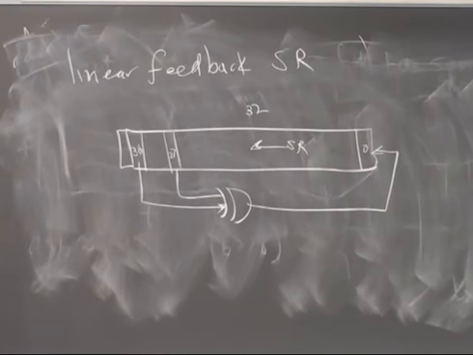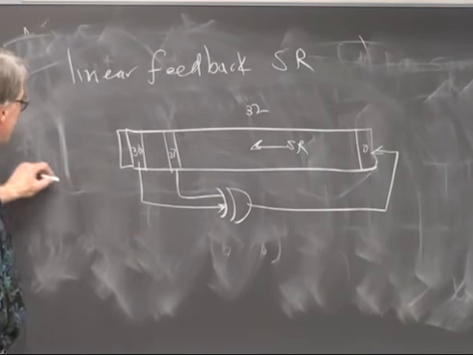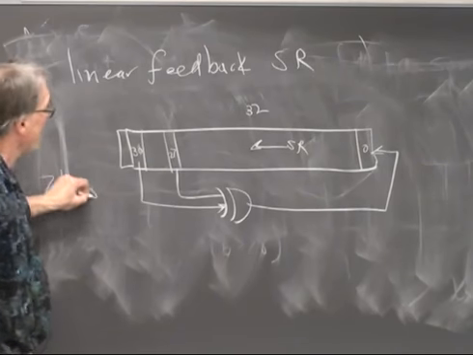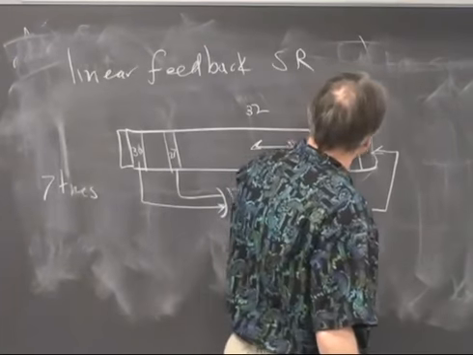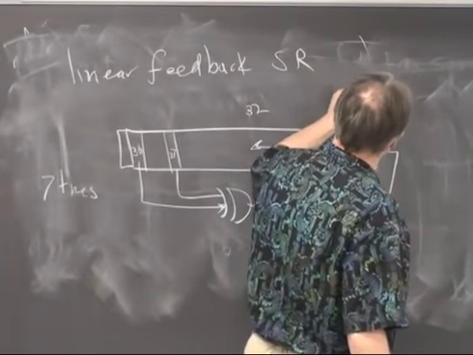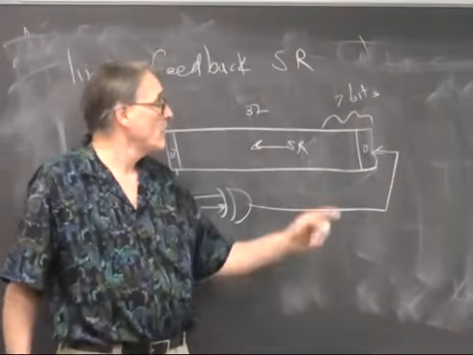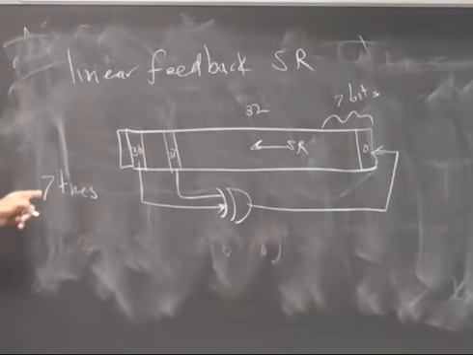So for instance, you could shift this 7 times, and then read the low order 7 bits here and get a number which is completely uncorrelated with the number 7 shifts before.